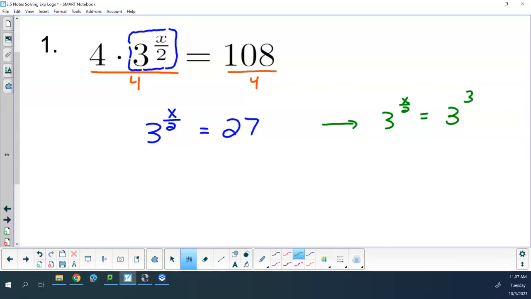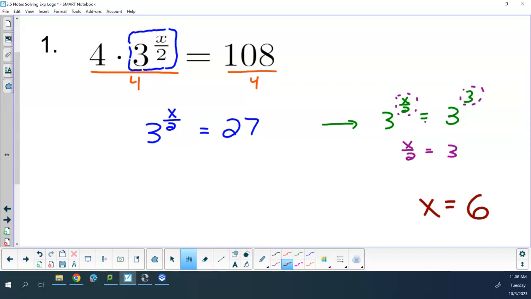I can do that, and then I could say from that that x over 2 has to be equal to 3. The exponents have to be equal because it's an equality statement, and therefore x has to be 6. That's legal to do in this case.